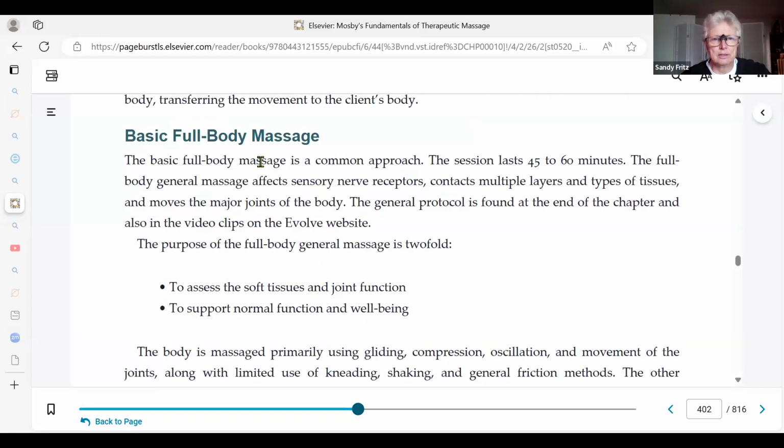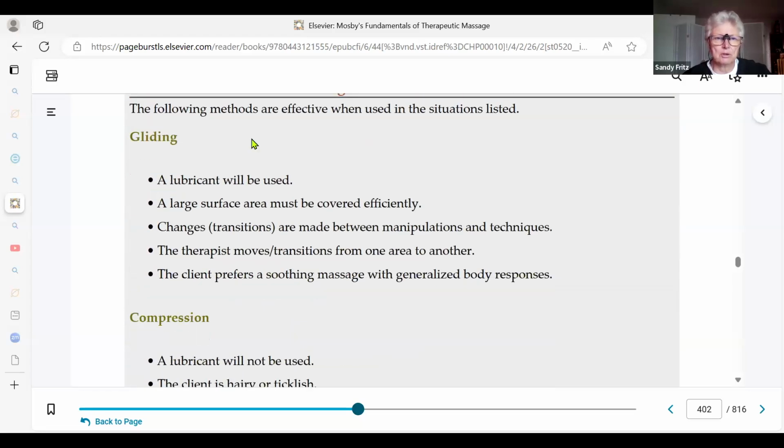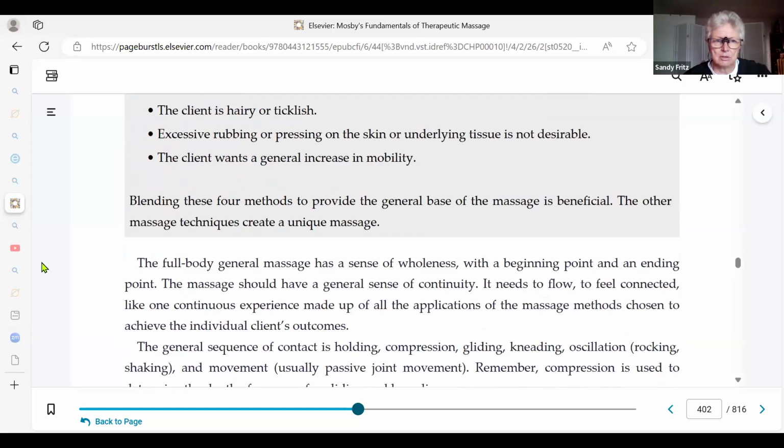And here is a suggestion. There are more than one suggestion, but this is a good way to sequence out a full body massage. So it talks about the various methods and when it would be advantageous to use that method. So that's talked about.